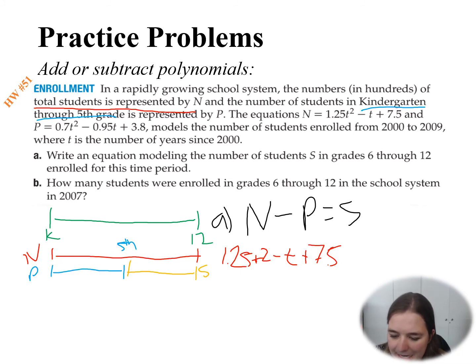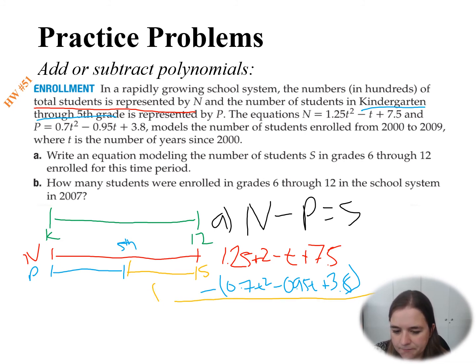And from that, I'm going to take away P. So I'm going to write it in that vertical stacking. I'm going to have minus my equation for P, which is 0.7 t squared minus 0.95 t plus 3.8. And this is going to give me S. It's going to give me that yellow S that I had here.